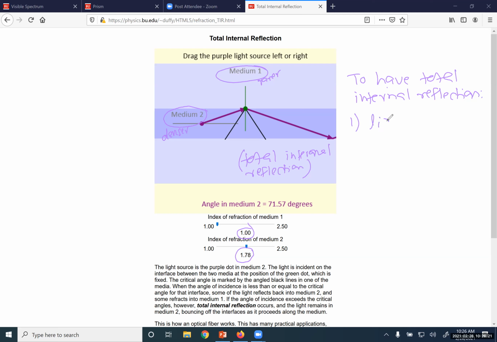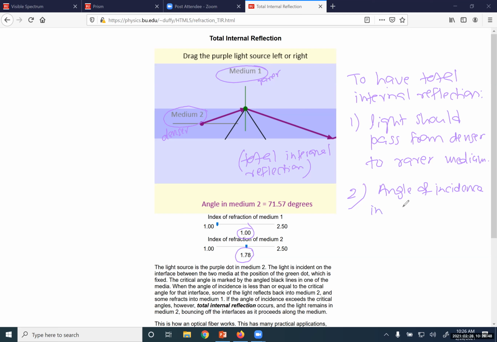One, light should pass from denser to rarer medium, and second, the angle of incidence in denser medium must be greater than the critical angle for a given pair of media.